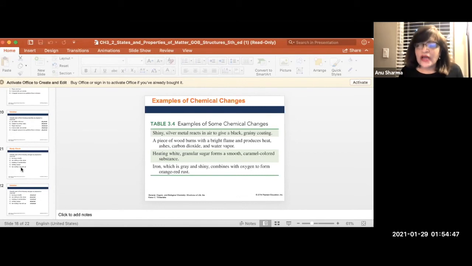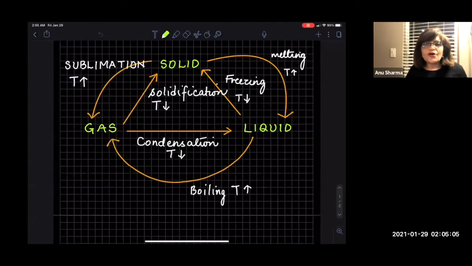Okay, so now let's look. All right, so here on the screen, you see that you can change solid, liquid, and gas. All these different phases can be changed by changing the temperature. And there is a name that goes with this phenomenon. Just imagine ice, water, and water vapor. Let us say ice, which is a solid. How can you convert solid ice to liquid water?